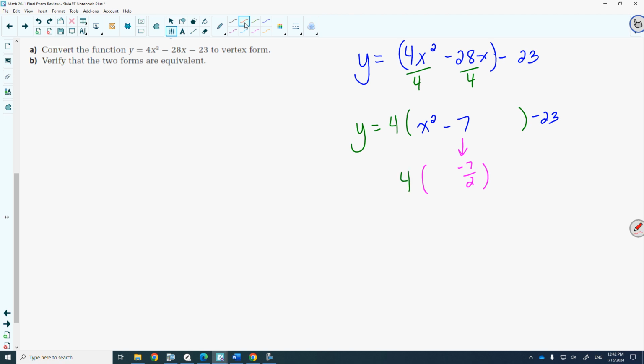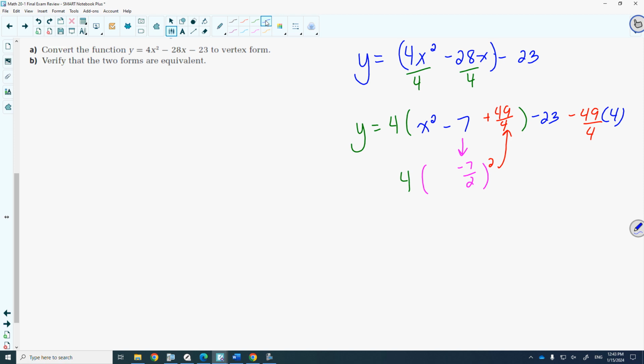And what you're going to do is you're going to square that. So you could plug that into your calculator, but I know that 7 squared is 49, and I know that 2 squared is 4. So I'd be getting 49 over 4, and then I'd be subtracting 49 over 4 times 4.